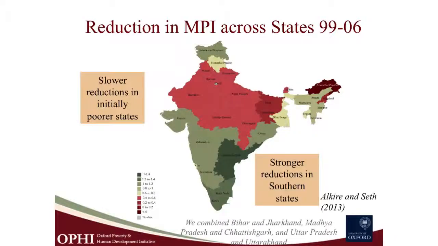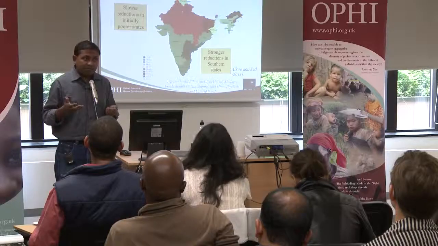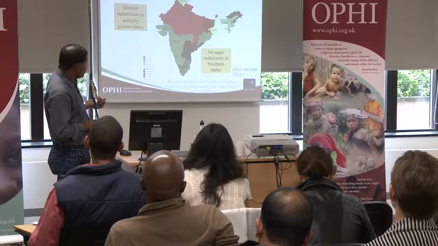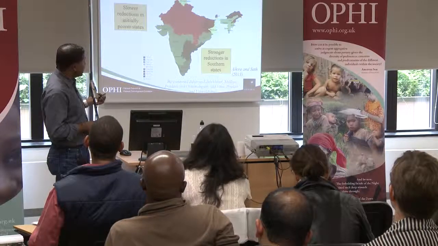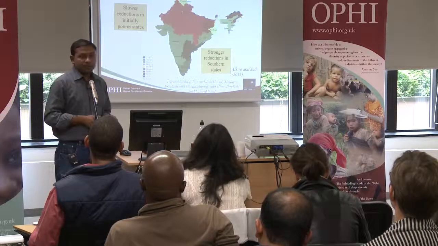And when we studied, at the national level, there was national reduction and the rate was actually faster than the rate of income poverty reduction. When we look within the country, we found that these were the poorer states to begin with, and their progress has been much slower as well.